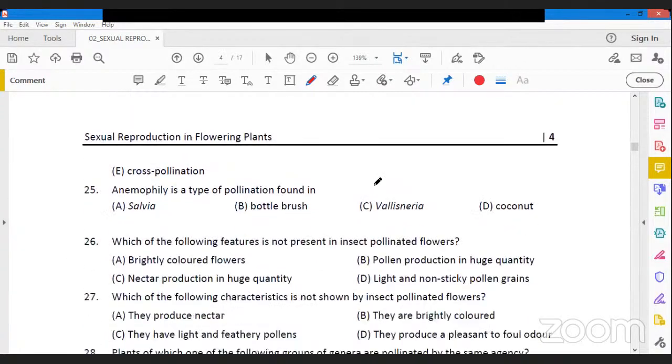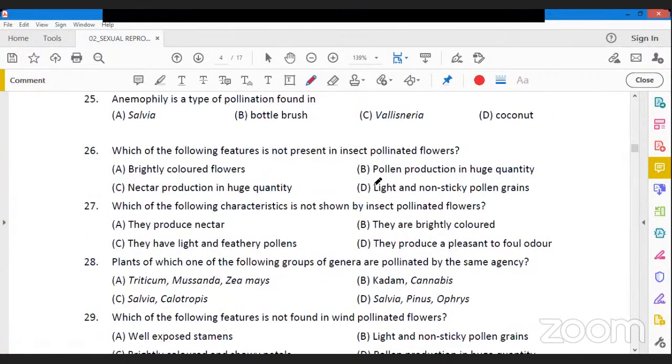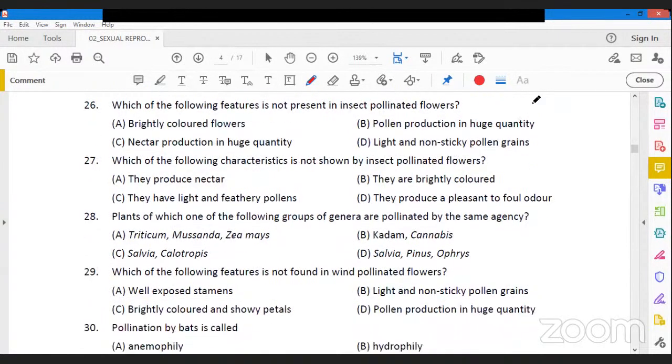Okay, so next, anemophily is a type of pollination found in coconut. Then which of the following features is not present in insect pollinated flowers? Insect pollinated flowers, entomophily: brightly colored flowers, yes, they should have.